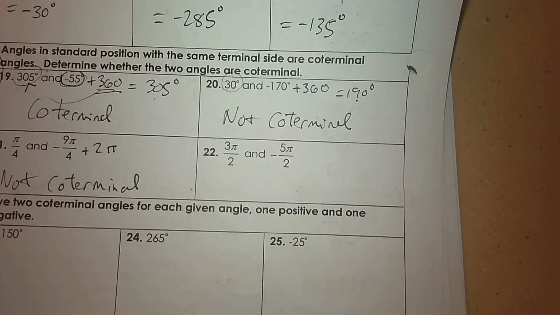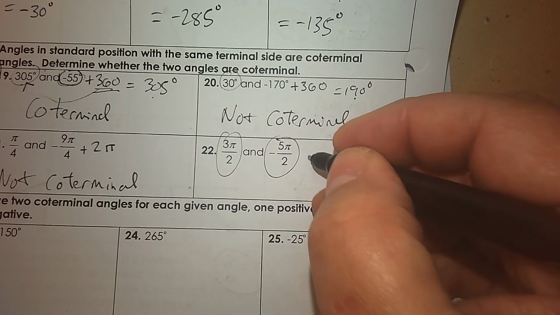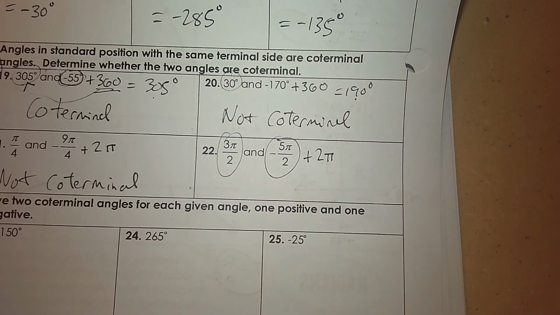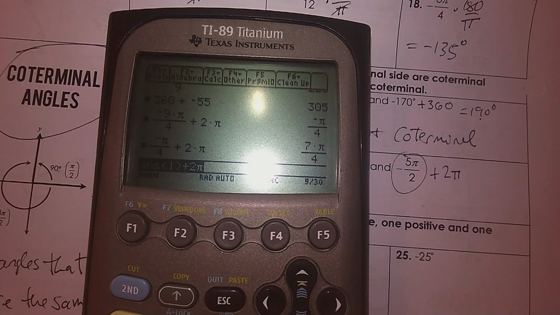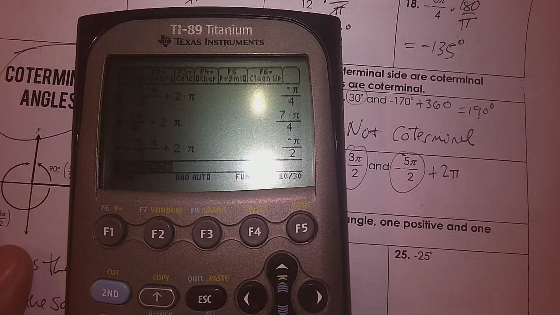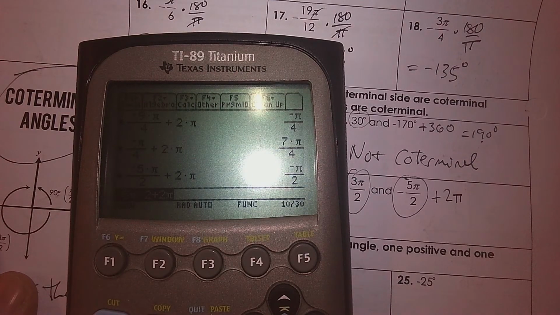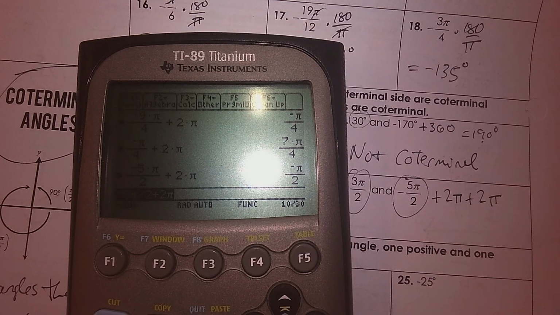Number 22. How will I tell if they're coterminal? What am I going to add? Okay, so I'm going to go negative 5 pi over 2, and I'm going to add 2 pi. Do they match? No, but what could you add again to see if they match? So you keep doing that until it goes over the other angle, right? Bigger.